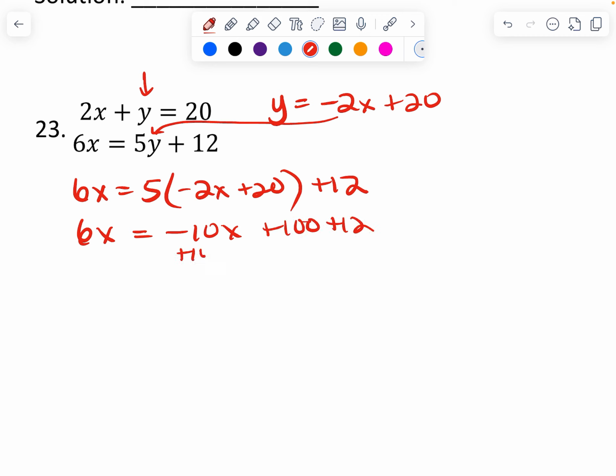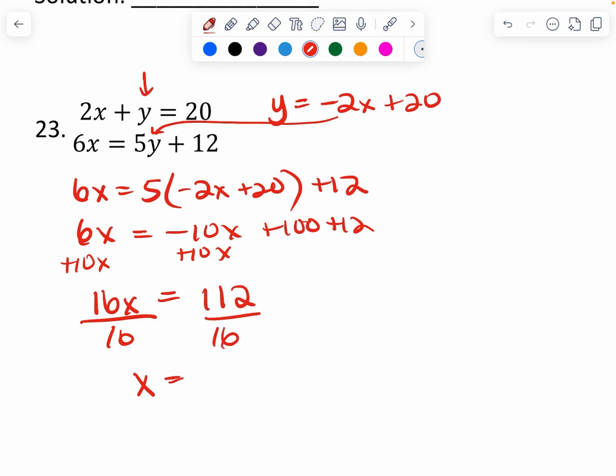Add 10x to the other side. I get 16x equals 112. Divide by 16. And I, of course, don't know that off the top of my head. Let's see. Seven.